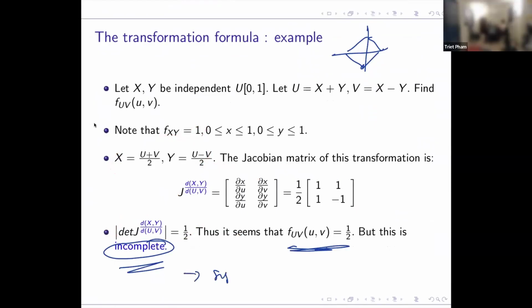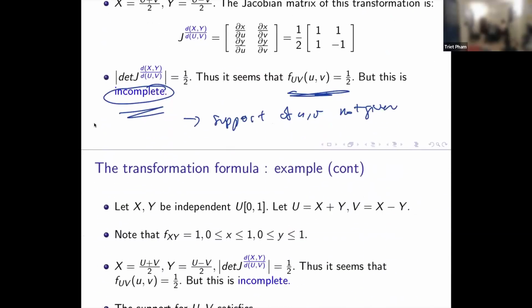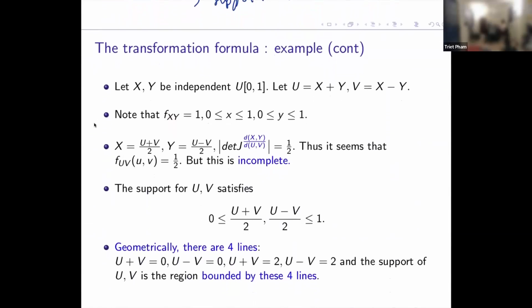Because the support of U and V is not given. And with this kind of shape, the support of UV will be super important here. So what is the support? Well, you have to find out on your own from the forward map. Basically, because of this, U and V are in the region bounded by these four lines.